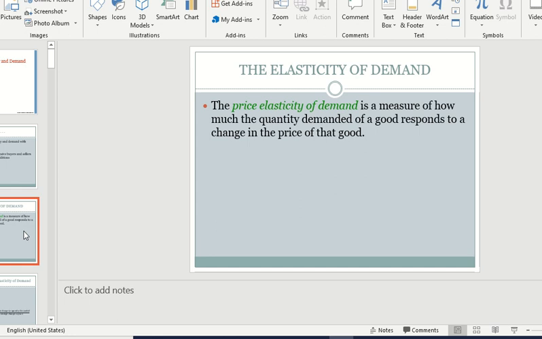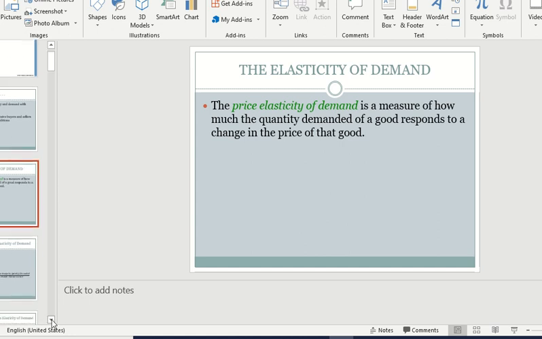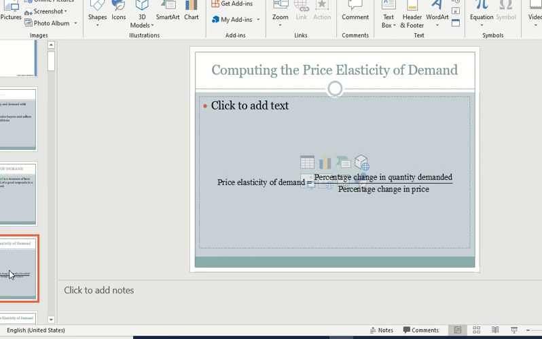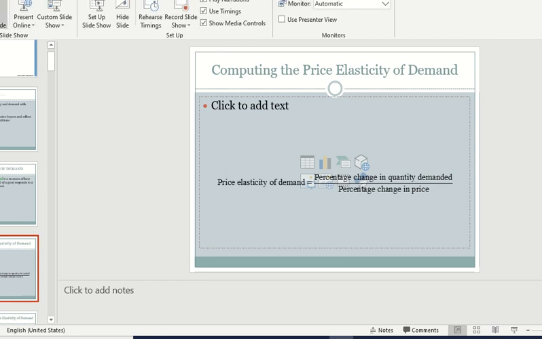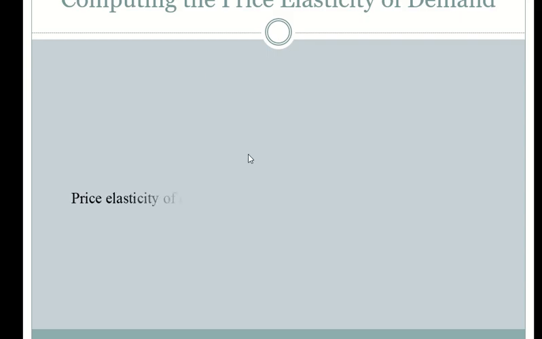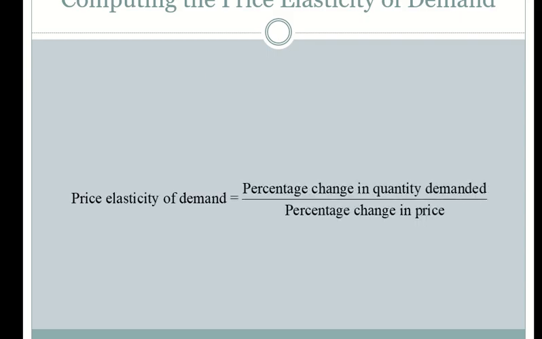The price elasticity of demand is a measure of how much the quantity demanded of a good responds to a change in the price of that good. So mathematically, it's the percentage change in quantity demanded divided by the percentage change in price.